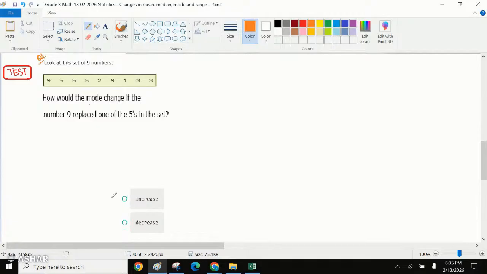Mode is the most repeated value, right? If the number 9 replaced one of the 5s, then previously there were 3 5s. There are now 2 5s and 2 modes, right?